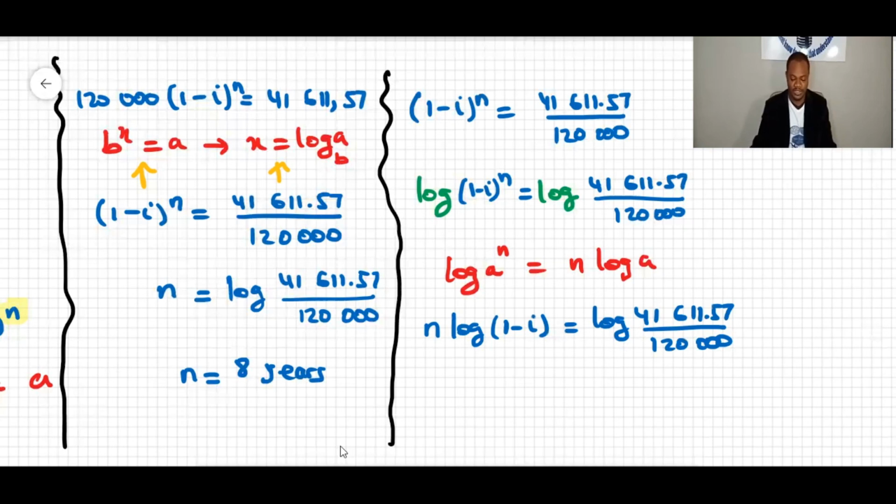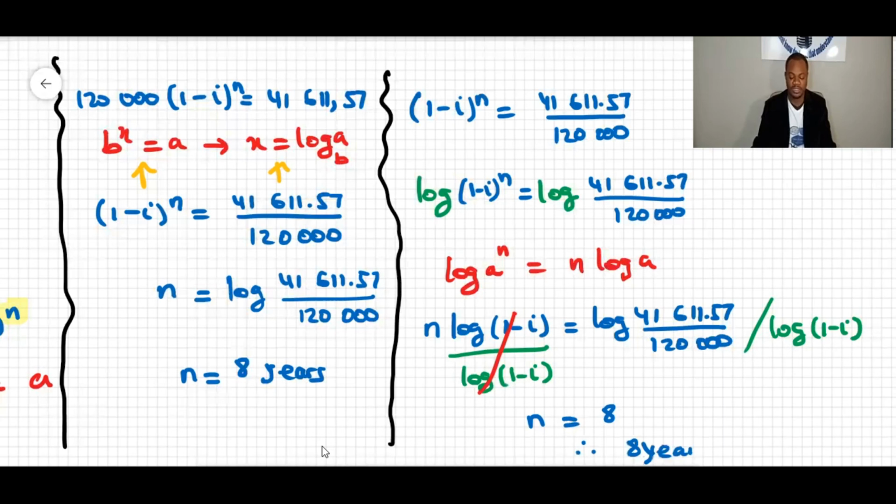This will cancel out on the left, leaving n. If you do this calculation in the calculator, you also get 8. Therefore, the furniture will depreciate after 8 years. Thank you.